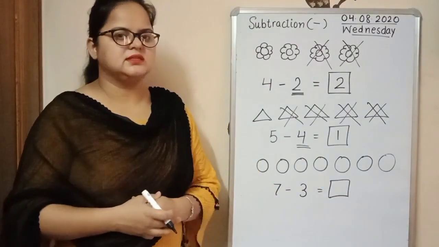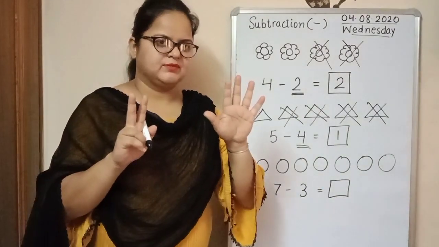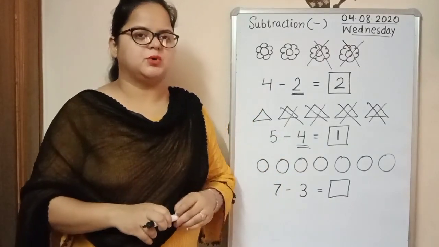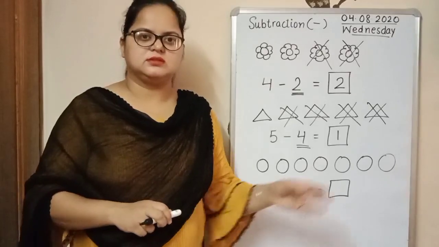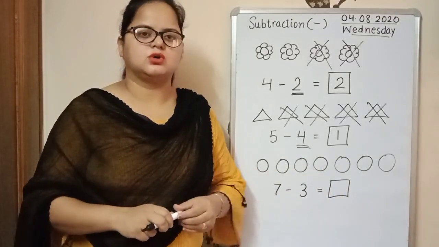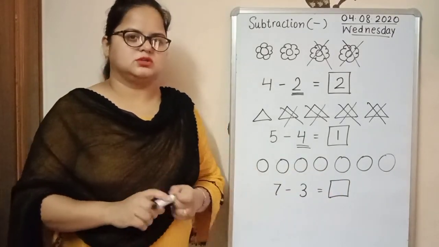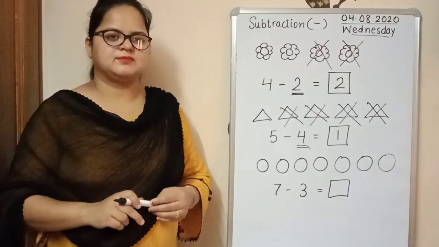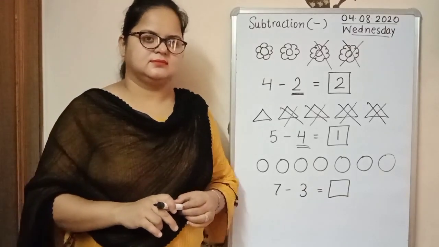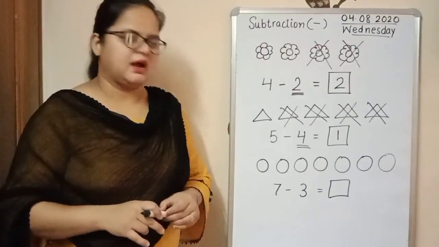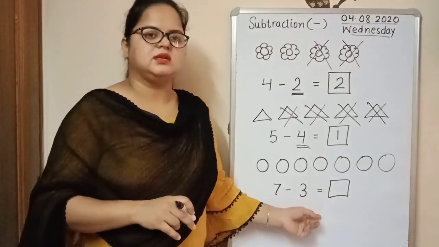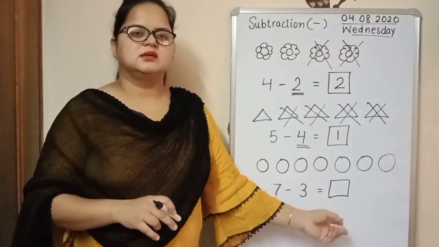How many are these? 7. How many circles you can see on the board? 7. And 7 circles, the same work you have to draw in your notebook also. Draw the 7 circles. Done. Okay, see. Now what we have to do? 7 minus 3.